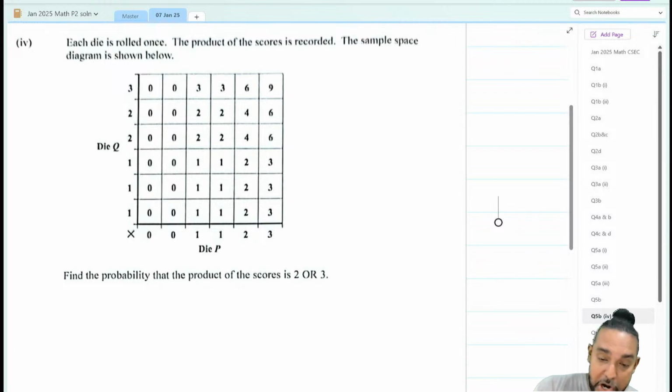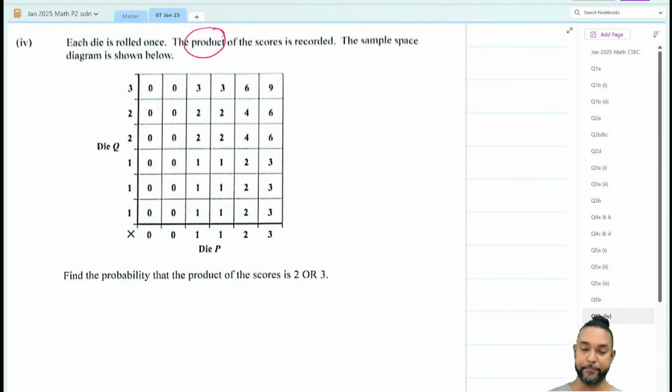The product of the scores is recorded. So if you roll a 0 on that die, and you roll any number on the other die, it'll always be 0, right? And since you have 2 zeros on die P, you have a set of zeros. And if you roll a 1 and a 1, the product is 1, because product is multiply. Okay, so we have that.